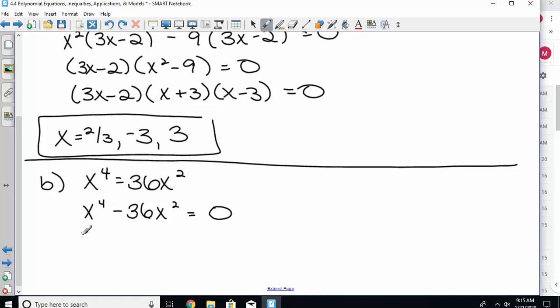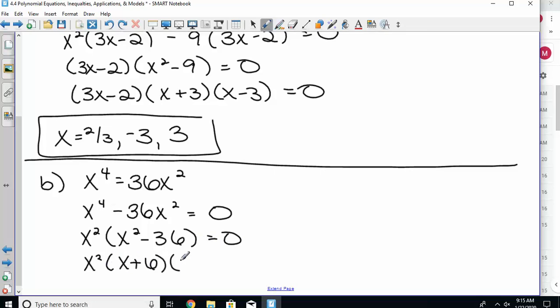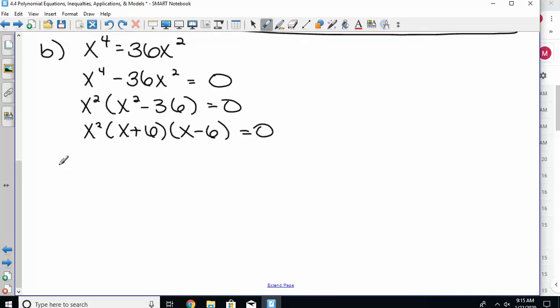Okay. And then that would leave us with x squared minus 36. So difference of squares, that's x plus 6, x minus 6. So what's x? Good.